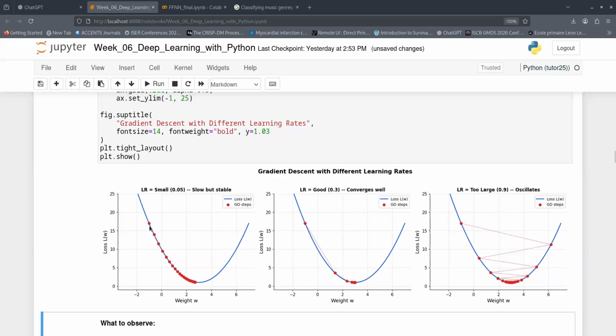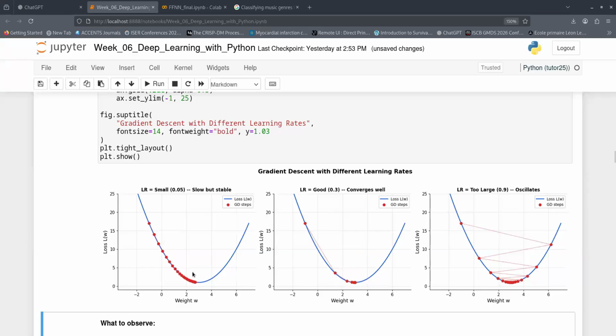And you see that we have this step, the gradient descent step: 1, 2, 3, 4, 5, 6, 7, 8. You have all these steps. So you're just going in this direction till you get here. It becomes very stable here.